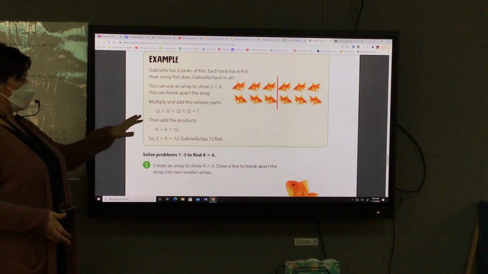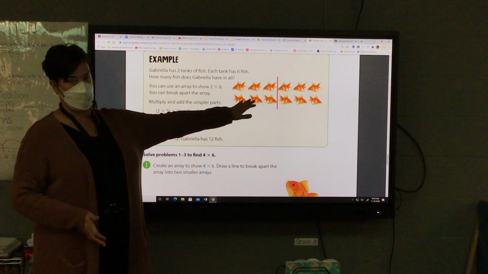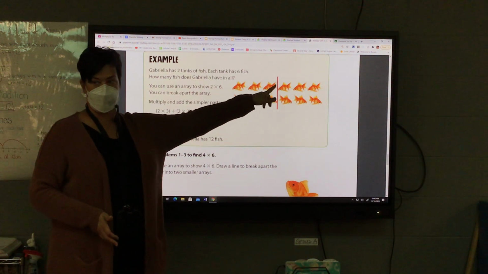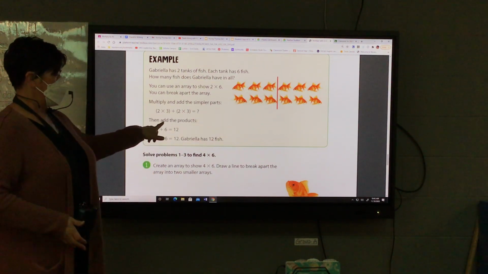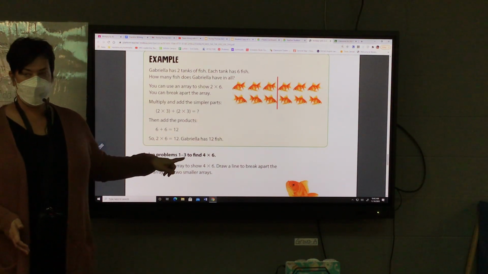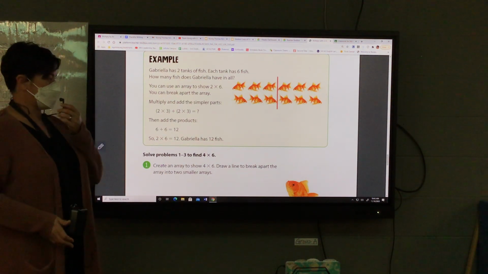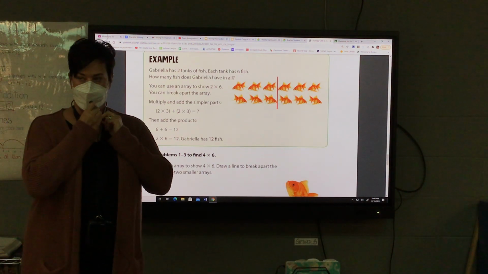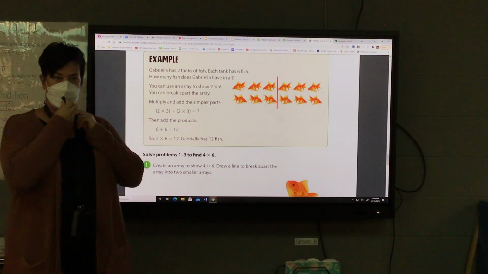Then add the products. So they said 2 times 3 plus 2 times 3. Does that go with how they broke their array apart? Yeah. So where did they get the 6 and 6 from? How did they get 6 plus 6? Raylan? Because it's split into 6 and 6.